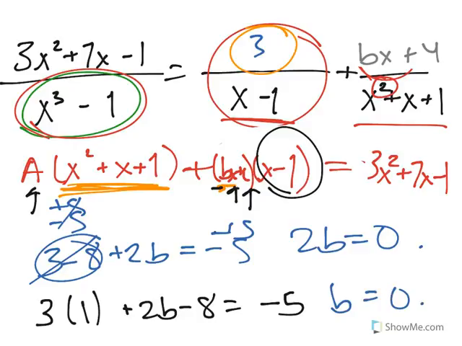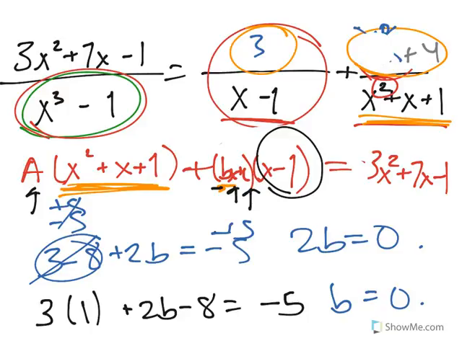As I said before, you know that the numerator over this degree 2 denominator must be a linear component, a degree 1 polynomial, but I'm sorry, at most a degree 1 polynomial. However, here we find that b is actually 0, so we're left with only 4.